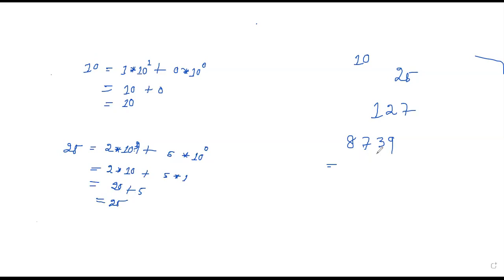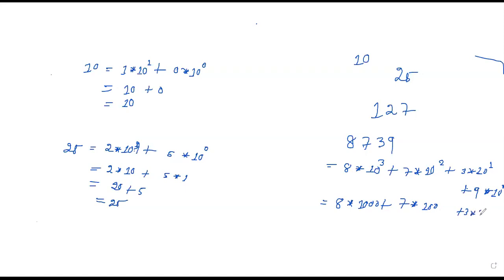In this way, 8739 is equal to 8 into 10 to the power 3 plus 7 into 10 to the power 2 plus 3 into 10 to the power 1 plus 9 into 10 to the power 0, which is equal to 8 into 1000 plus 7 into 100 plus 3 into 10 plus 9 into 1, which is equal to 8000 plus 700 plus 30 plus 9. That is equal to 8739. Clear?